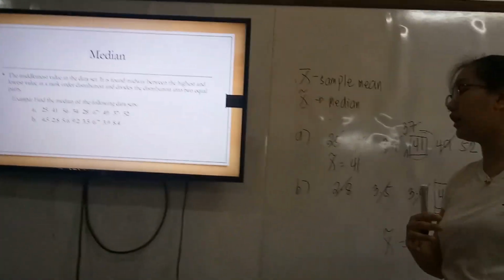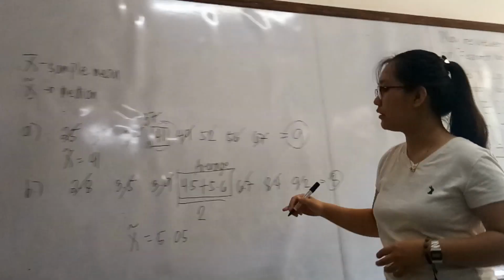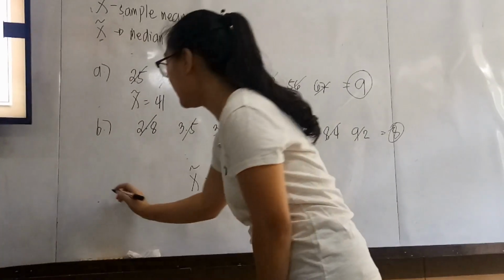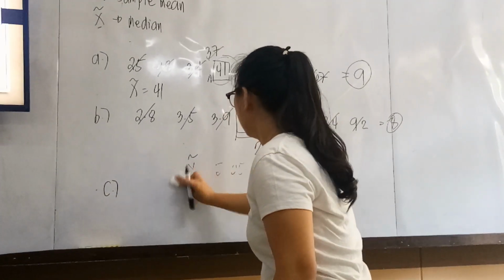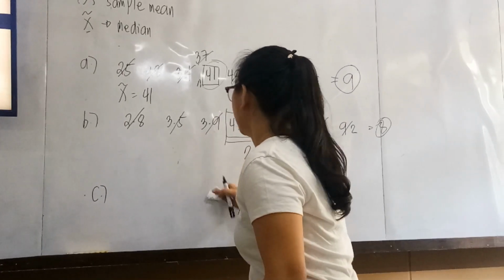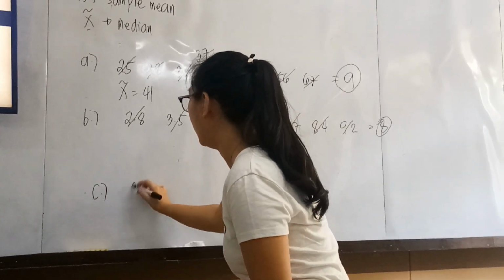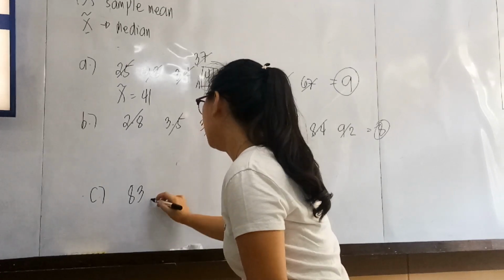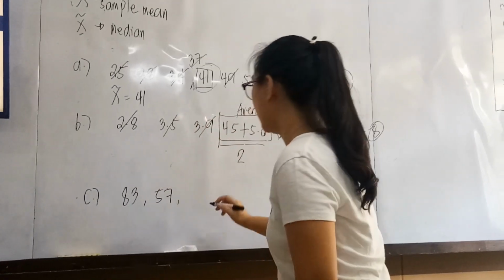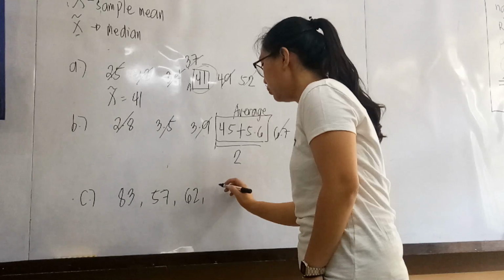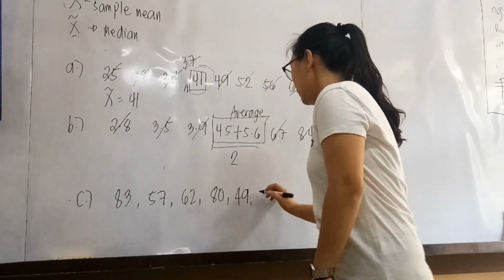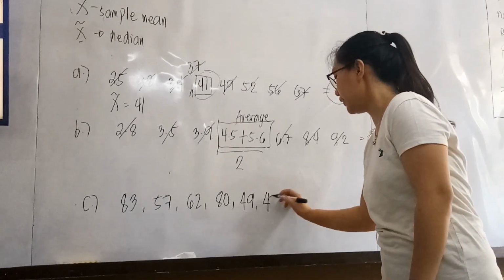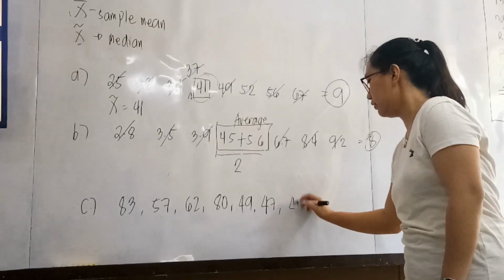Okay, just like your mean, I'll leave one more example. So, example C. For example, your data set will be like this: 83, 57, 62, 80, 49, 47, 49.